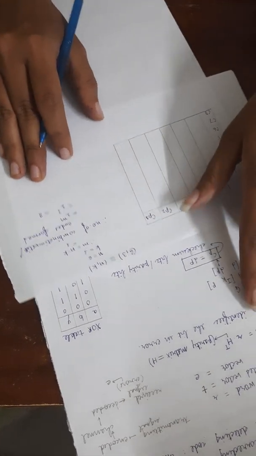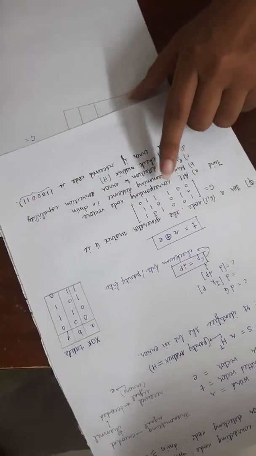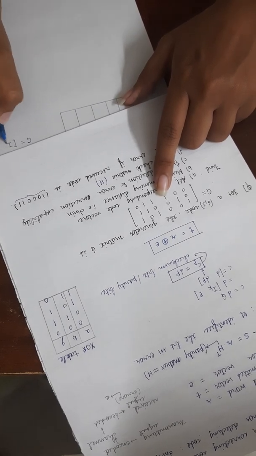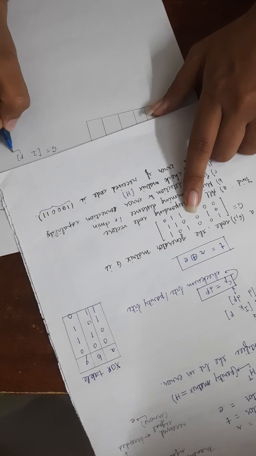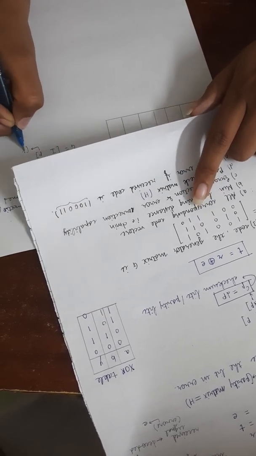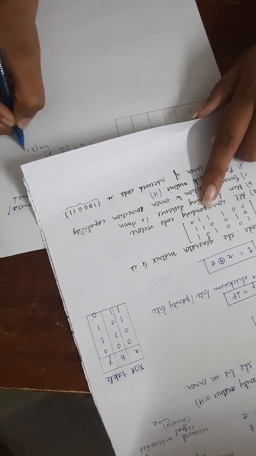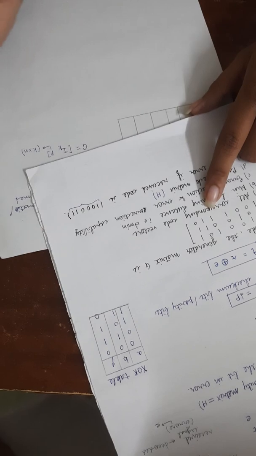And here we have been given the generator matrix. So we know that the generator matrix comprises of the identity matrix and the parity matrix. The parity matrix is of dimensions k cross n, and the identity matrix is of dimension k.